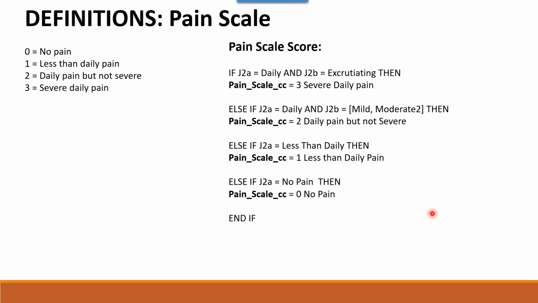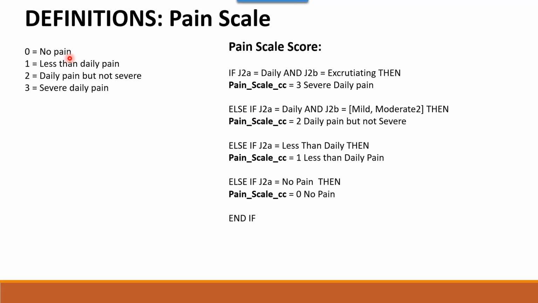Now, we're going to be using a scale as another definition, and the scale is called the pain scale, which is one of the performance or outcome measures that we look at when we're assessing someone's RAPs or the CAPs, and we're designing a care plan for a person.